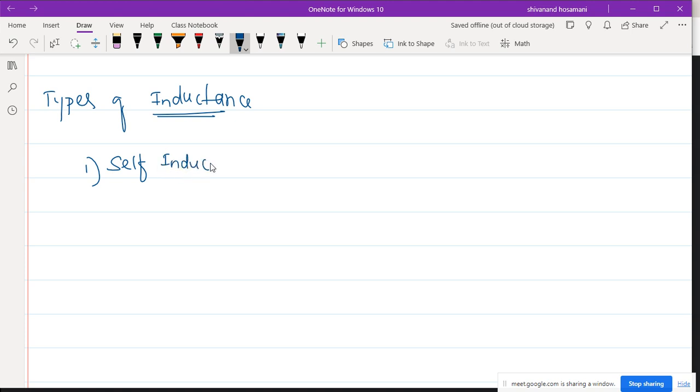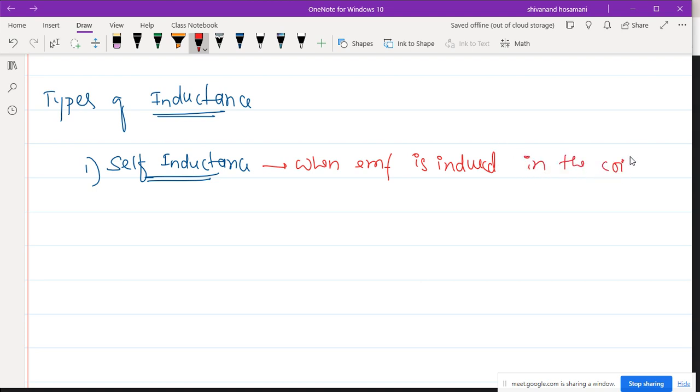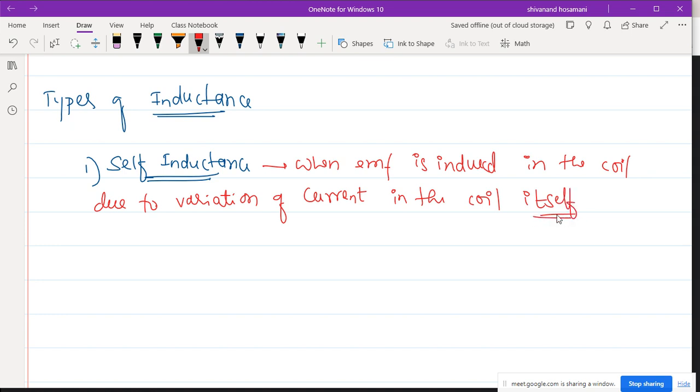Self-inductance is when EMF is induced in the coil due to variation of current in the coil itself. So that is defined as induced EMF or self-inductance.